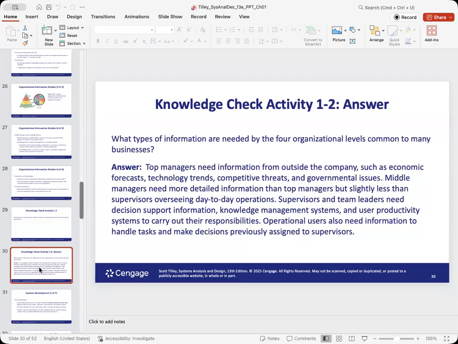You understand? And then the middle managers, they need more detailed information from the top managers, because they are overseeing the supervisors. So they need, especially from the top managers, based on the marketing strategies that are going on, we want an increase in sales by next year.